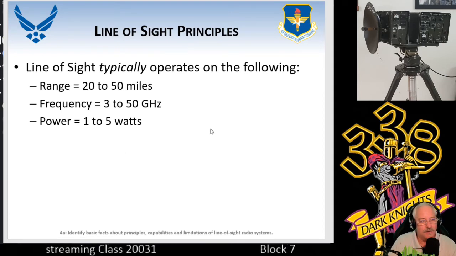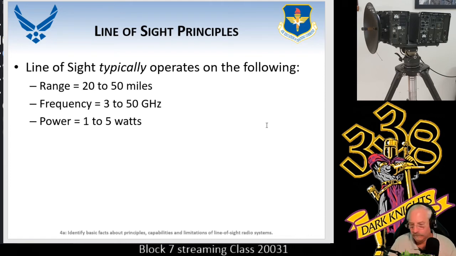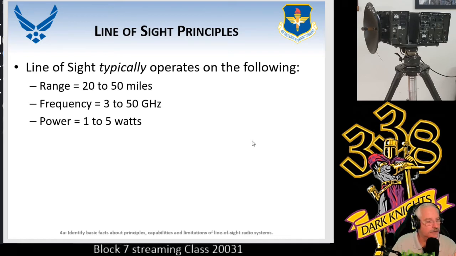Line of sight principles. We have a typical range of 20 to 50 miles, frequencies 3 to 50 gigahertz, and powers 1 to 5 watts. Typically, we're dealing with everything from microwave shots to SATCOM scenarios.